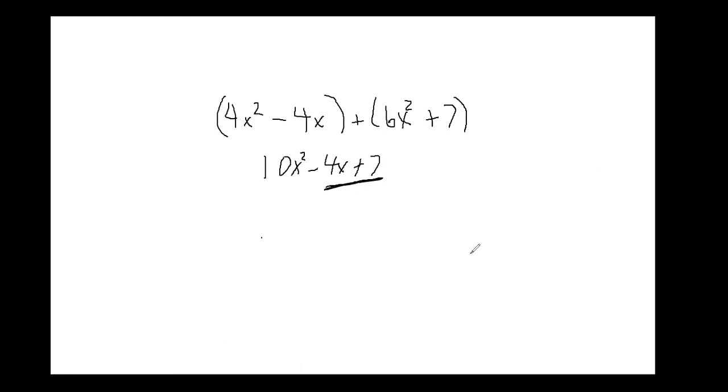It is true. Why are you putting the specific addition and subtraction in the specific spots you're putting them? Why are you putting the addition and subtraction signs in the places you are putting them? Like when you rewrote it, why is it 10x squared minus 4x plus 7?